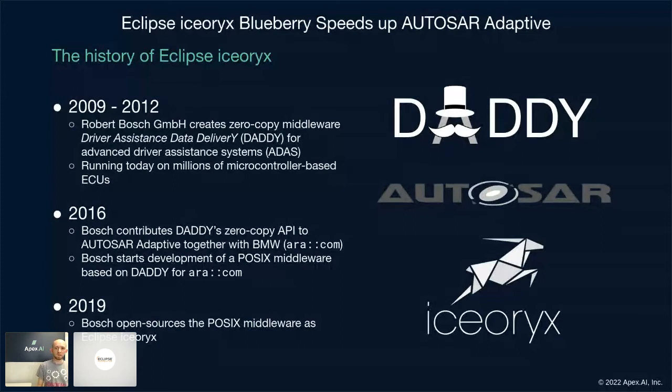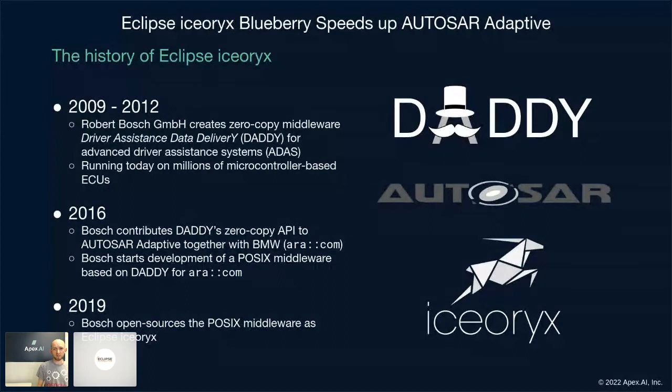Okay, in 2016 then, due to the need for a high-performance API, Bosch decided to contribute the zero copy API of DADI to the AUTOSAR Adaptive consortium or standard, together with BMW, and define the module called ARA::COM.